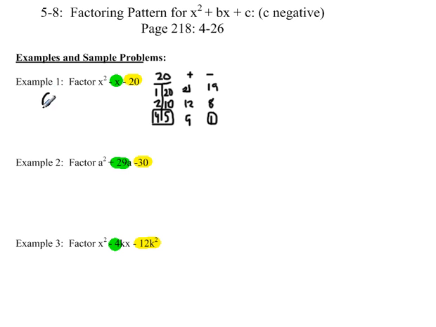Now the way you enter that as your answer and the way you determine your signs is like this. Put your parentheses in. Your first term, your x squared, is still x and x. And then go ahead and enter 4 and 5 first. Now remember, you want a combination of your inner terms and your outer terms. And in the end, you want a negative 1 as your goal.